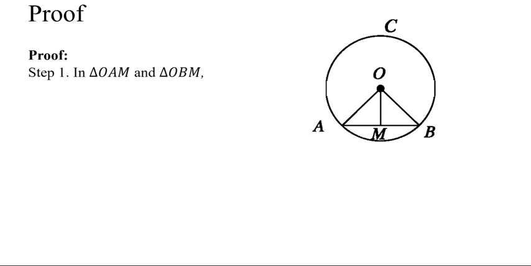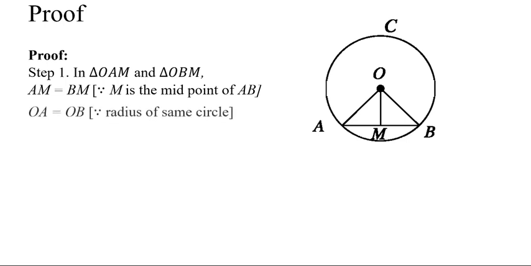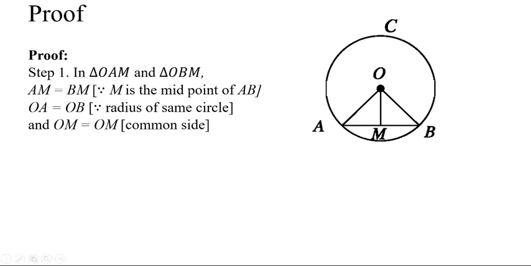First step, in triangle OAM and triangle OBM, AM and BM are equal because M is the midpoint of AB. Also, OA equals OB, since they are radii of the same circle, and OM is a common side.